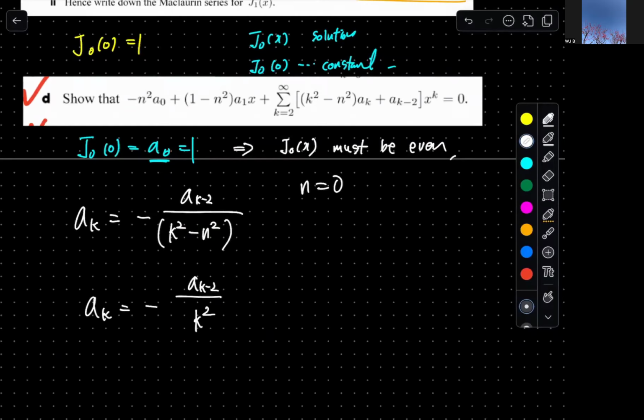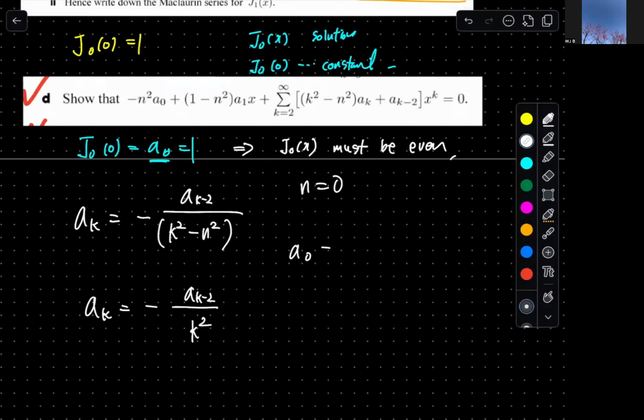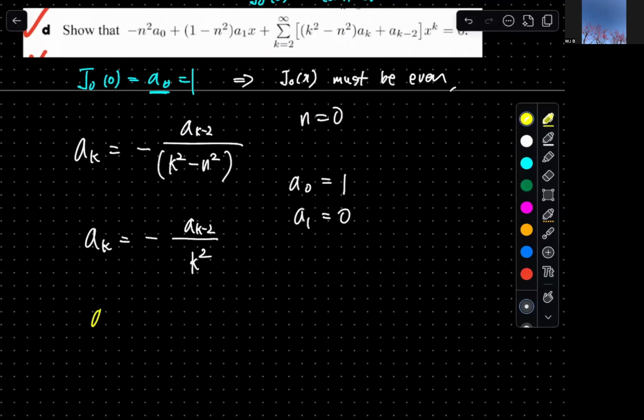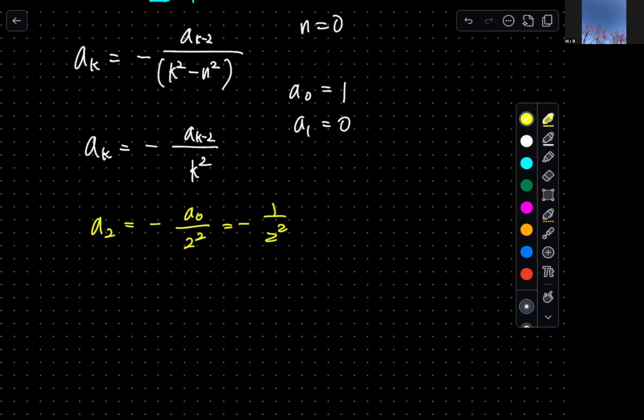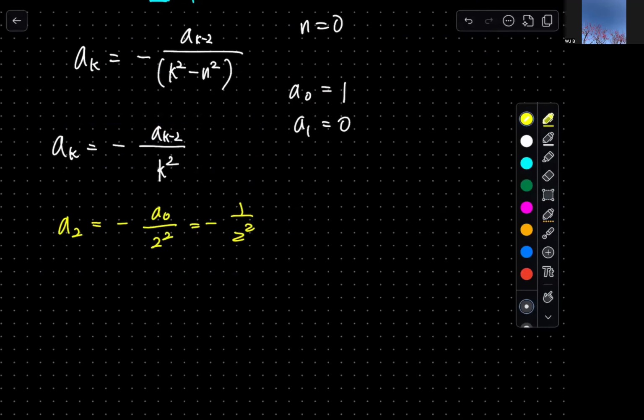Okay, that's great. Then we started with a_0 was 1, but since it's an even function, the odd terms should be 0. So now I'm interested in a_2, which is going to depend on a_0. So minus a_0 over 2 squared, that's negative 1 over 2 squared. Now I'm going to obviously go to a_4, because a_3, which is an odd term, will become 0 for the even function.